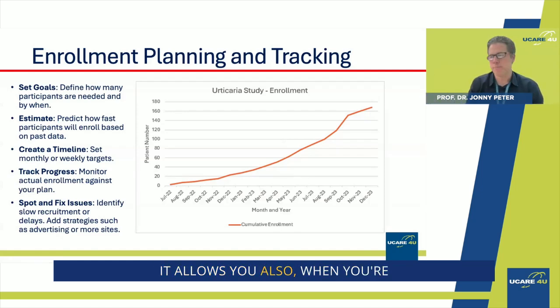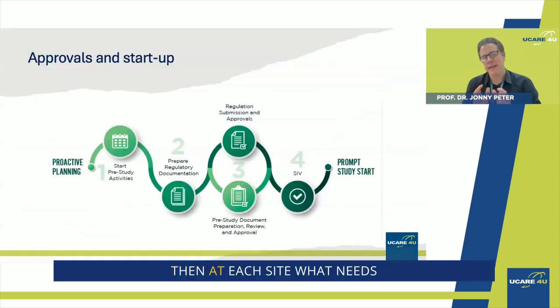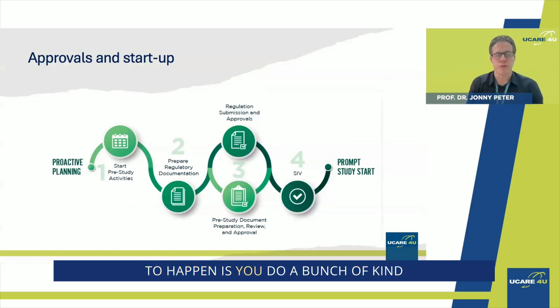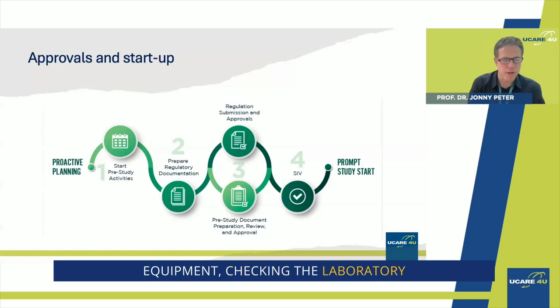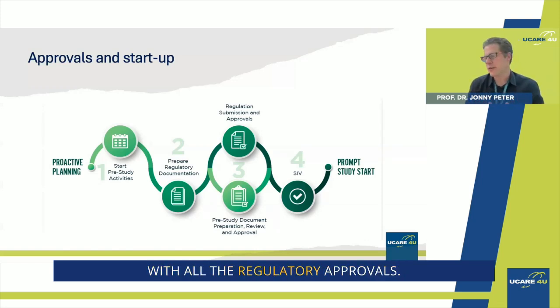It allows you also, when you're plotting as the study goes against this target, to see whether recruitment is going slowly, and you can spot and plan and fix different issues that come up. Then at each site, what needs to happen is you do a bunch of pre-study startup activities. This includes checking all your equipment, checking the laboratory kits, and most importantly, dealing with all the regulatory approvals.